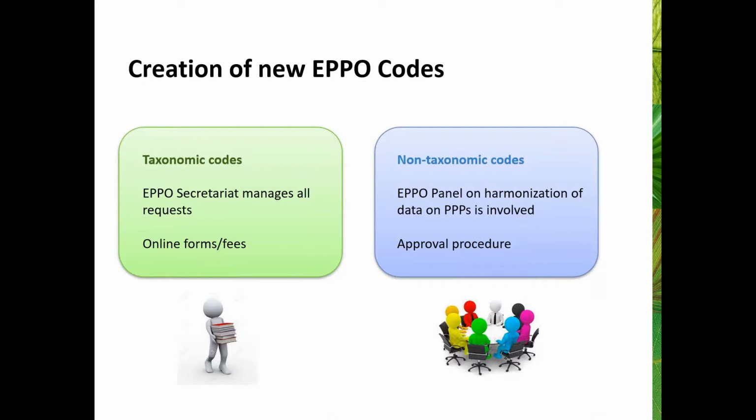For non-taxonomic codes, the system is different. As the EPPO panel on harmonization of data on plant protection products is developing a classification of uses, this panel is currently involved when we receive requests for new codes. And we have set up an approval procedure for that. So it's not just the Secretariat's decision, it's a group decision.